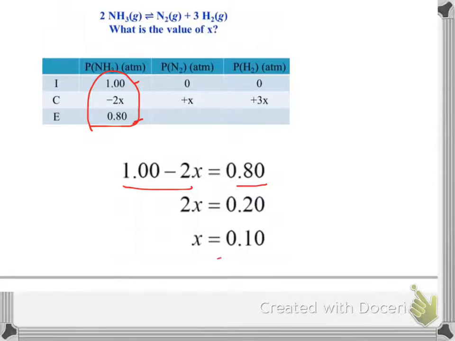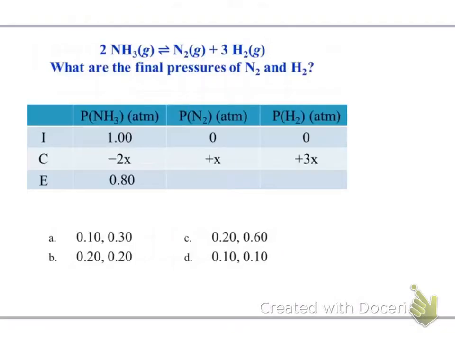If I solve for x, I get 0.10. Okay. So if I end up with x of 0.10, what are the final pressures of N2 and H2 going to be? So go ahead and answer the question and then come back.